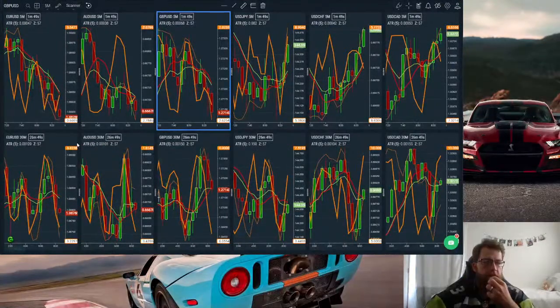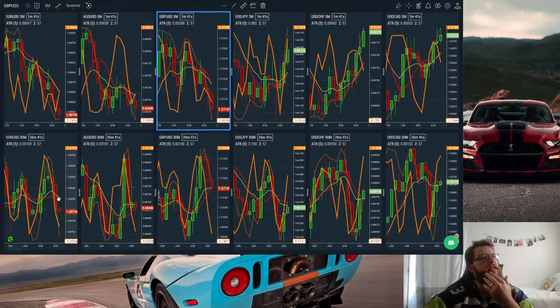So, man, let's see if we got any confluence. Down. This is technically down with a cross, which is good. Take a peek at our other chart that has the 1 minute. We'll go there together in a sec. Down.